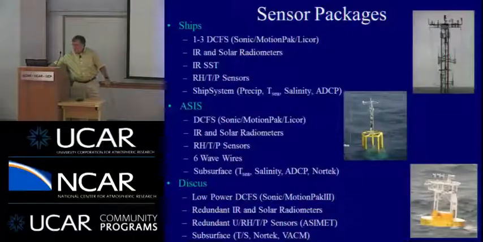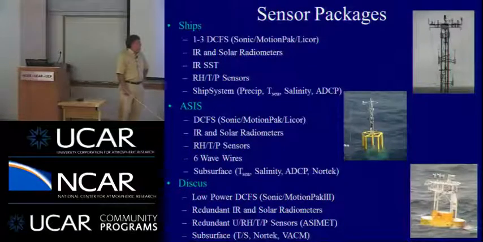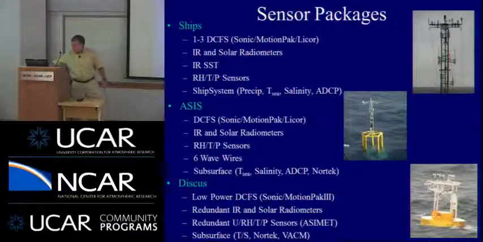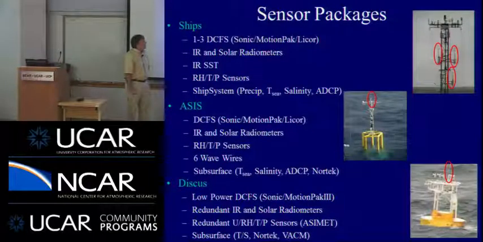And so here's what Chris and I have been doing now for decades, really, is going out to sea and making these measurements on ships. Occasionally we'll put the ASIS spar out, and more often now we're putting these packages on buoys. And on each of these platforms, I've got circled in red a direct covariance flux package, which is mainly made up of a sonic anemometer.